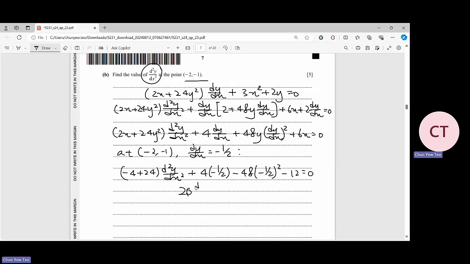You have 20 d squared y over dx squared equals to 12 minus 24, and 2, yeah, 26. So you have d squared y over dx squared is equal to 26 divided by 20, is 13 divided by 10. Okay, done. So this will be the answer for the question number 3B.